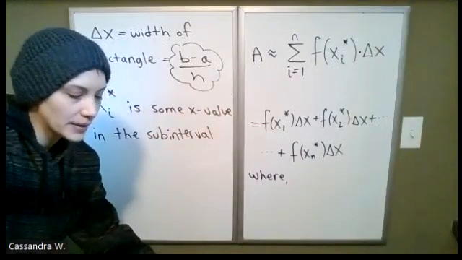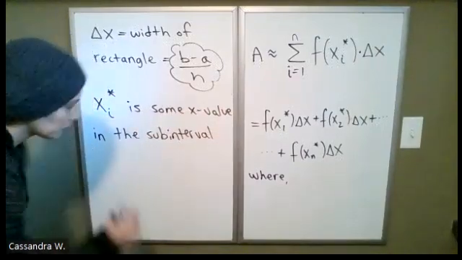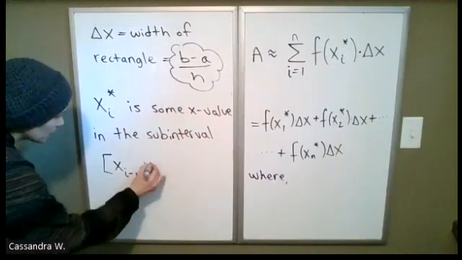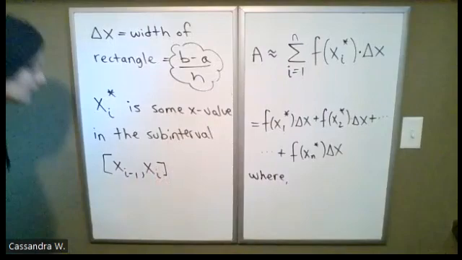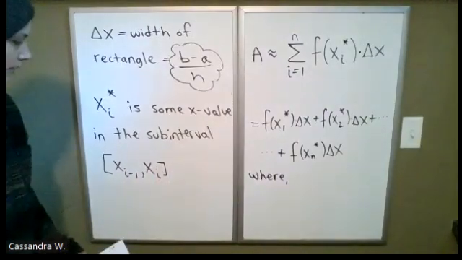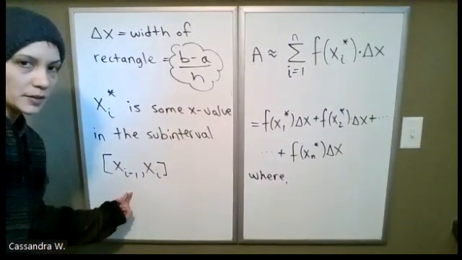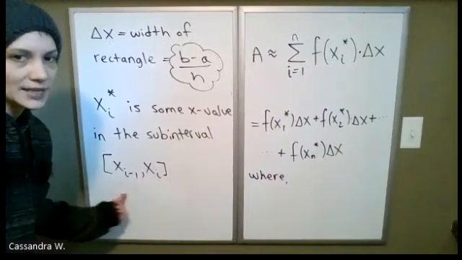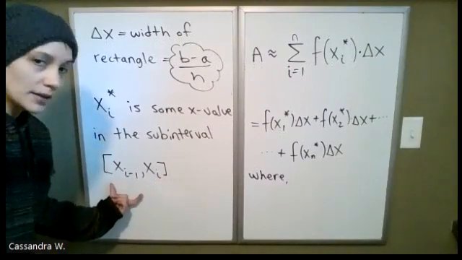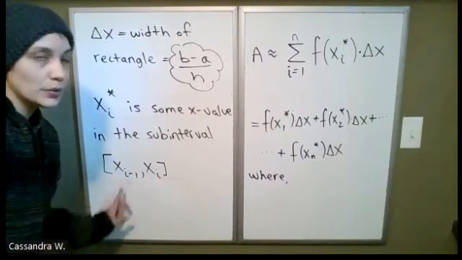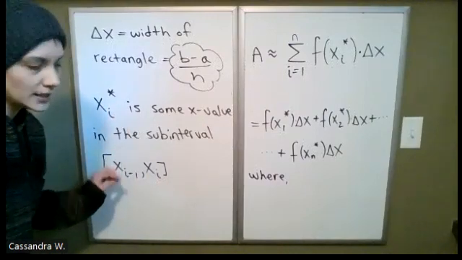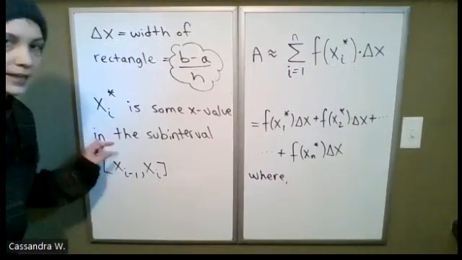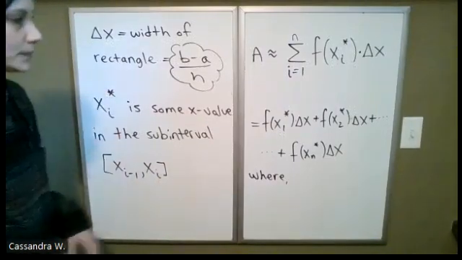It goes from x sub i minus 1 over to x sub i. So you've got this little subinterval. You're going to pick one of the ends maybe, or the midpoint, or whatever point you want in this interval. Once you pick a number in that interval, put it through your function and get f evaluated at x sub i star. And that's going to be the height of your rectangle.